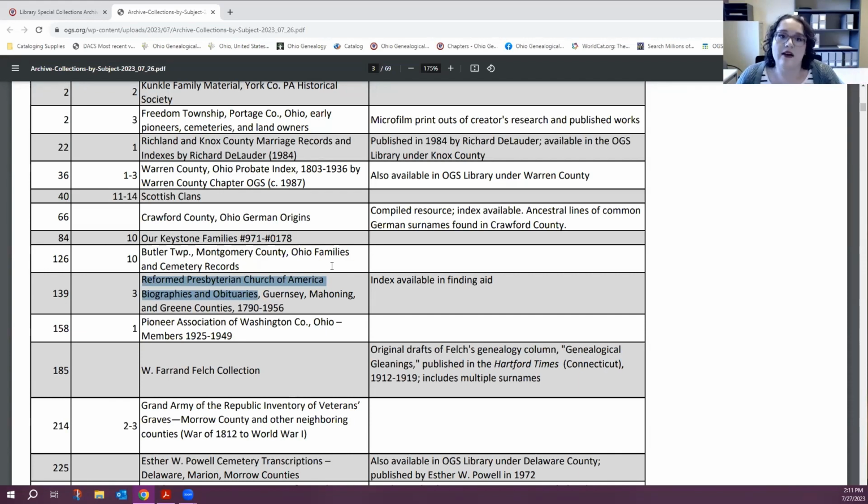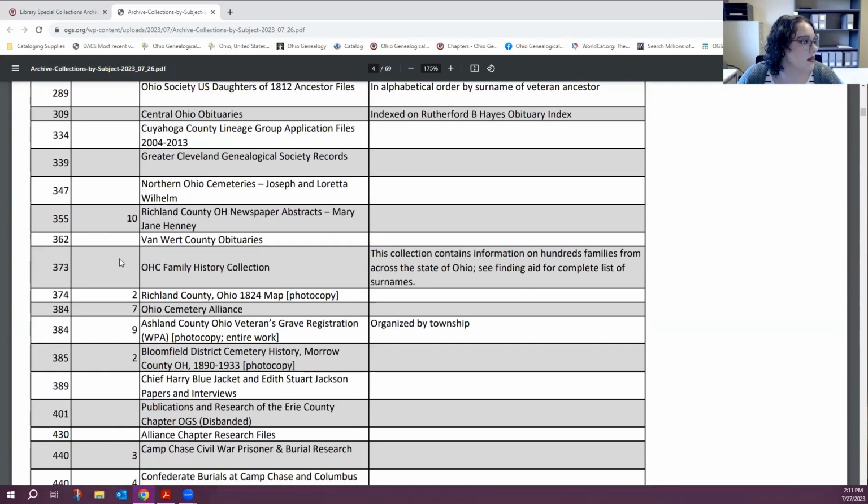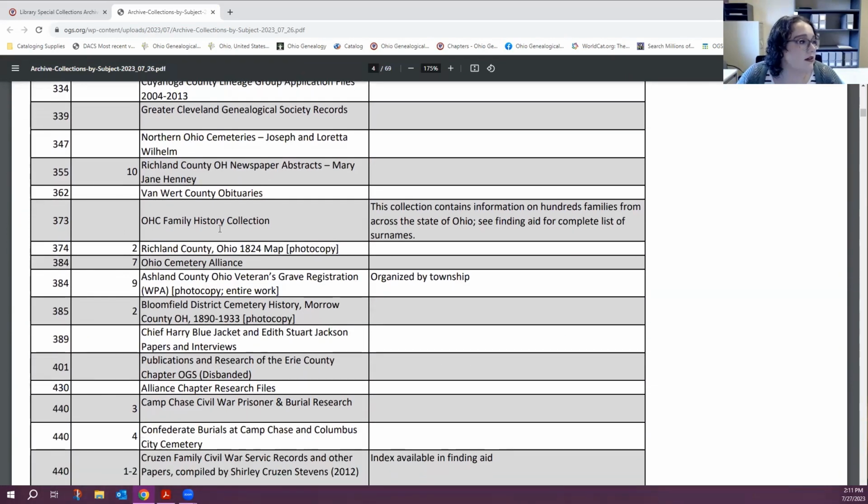So to kind of track families based on this specific church in these 3 counties. And so another good example is the Ohio History Connection Family History Collection, which is also a compiled resource.